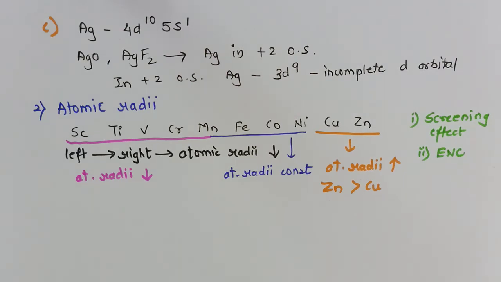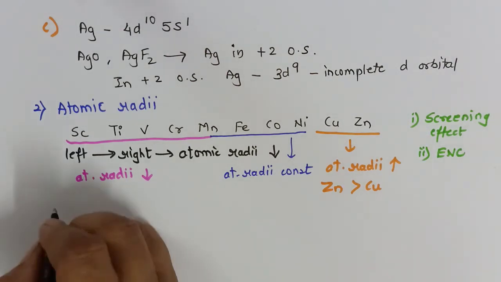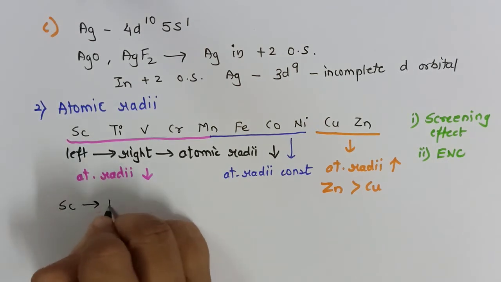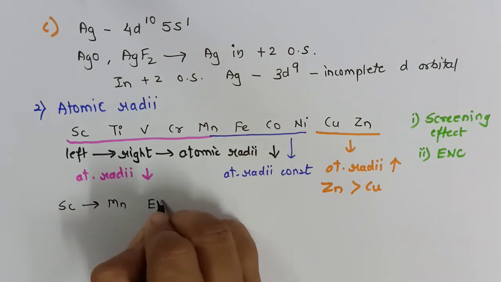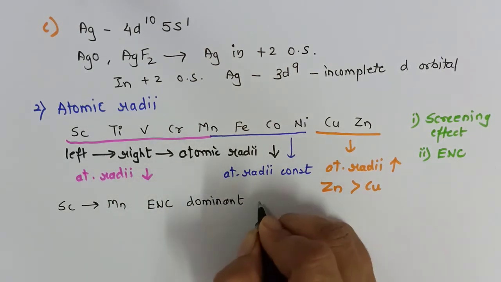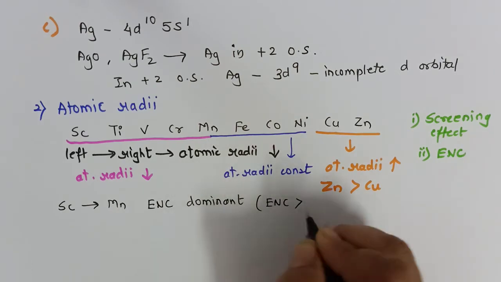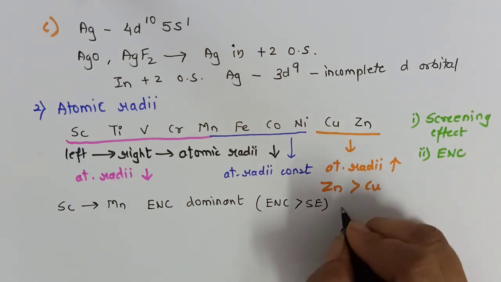Now based on this I can explain the variation of atomic radii. For the elements scandium to, let's say, manganese, effective nuclear charge, this factor is dominant. And therefore it will follow the normal trend that the atomic radii decreases.